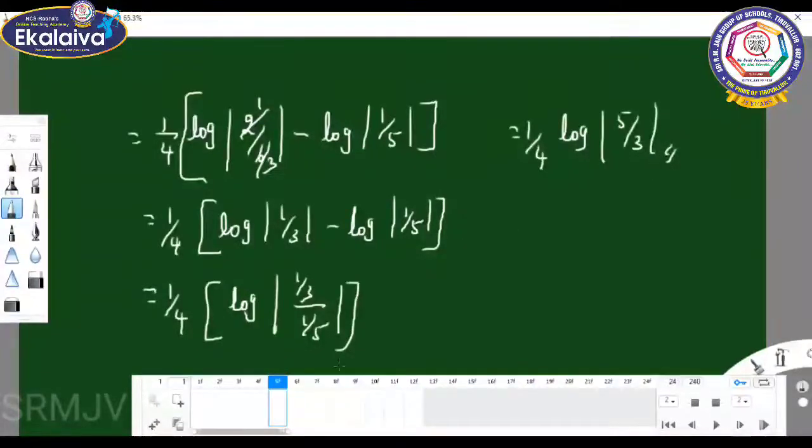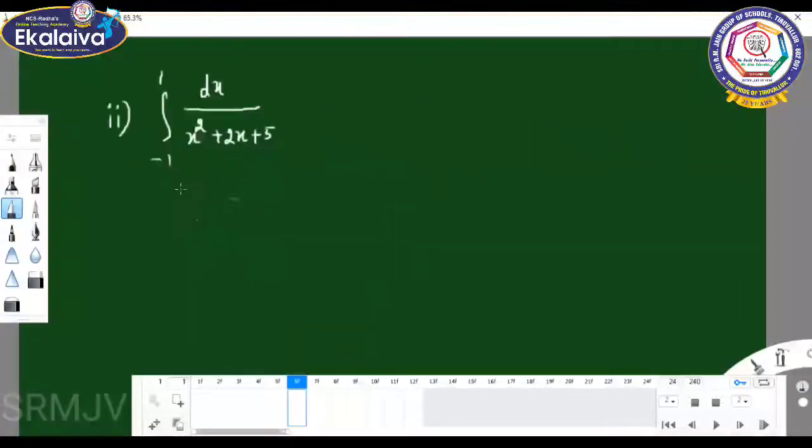Now we move on to the second subdivision. Integral minus 1 to 1 dx by x square plus 2x plus 5. First you can use the completing the square method. x square plus 2x plus 5 equals, what is the x coefficient? The x coefficient is 2, by 2 the whole square.